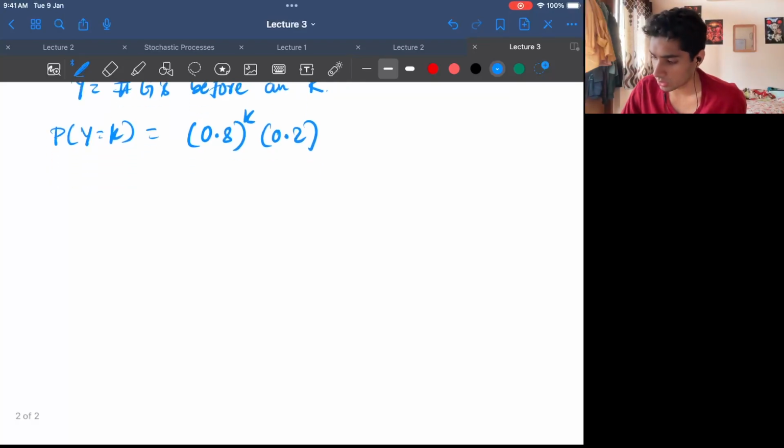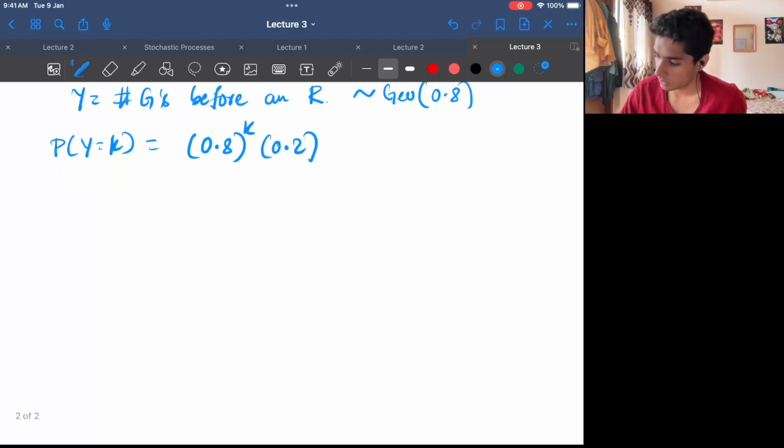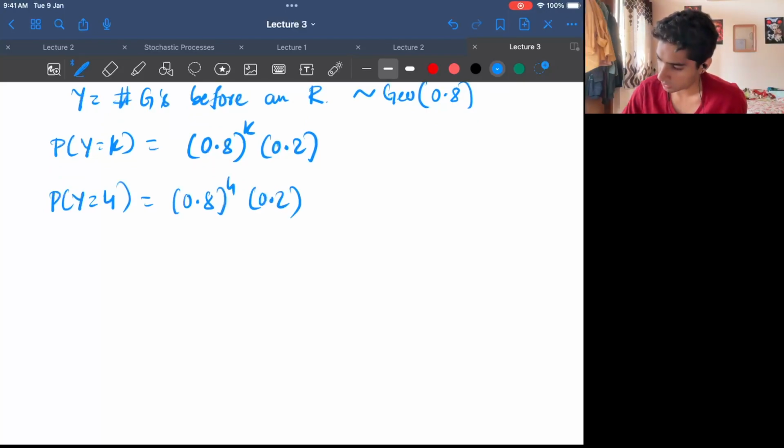So this is like a geometric random variable, with the probability of a success being 0.8. And we are asked the probability that y is equal to 4. This will be equal to 0.8 raised to 4 times 0.2.